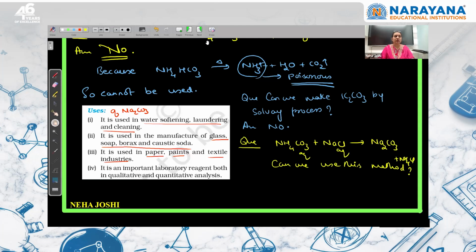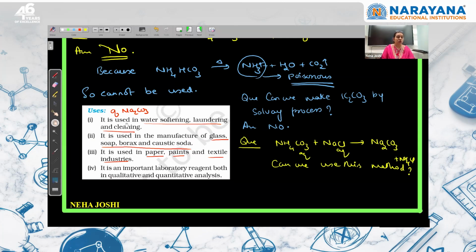Because if you use this method, then Na2CO3 and NH4Cl, the two products formed, are highly water soluble. And so you won't get any precipitate or you cannot take them out of water. They will remain in the solution and thus you will not have formation of Na2CO3.10H2O.